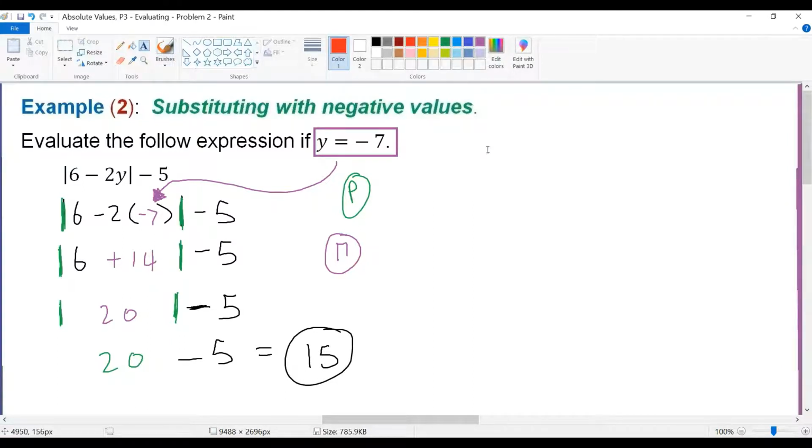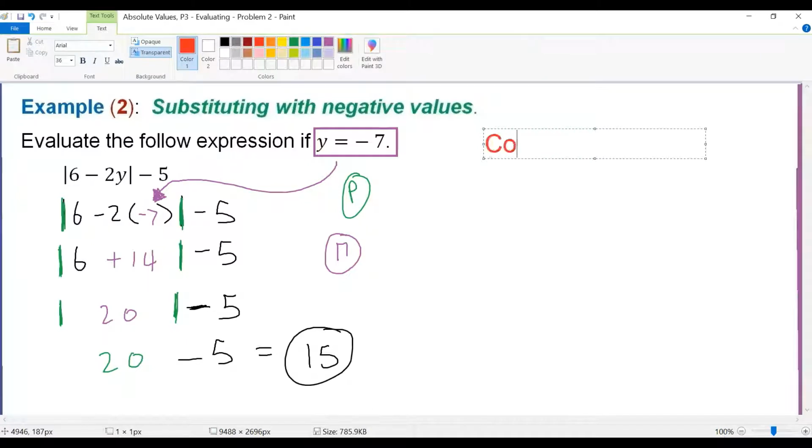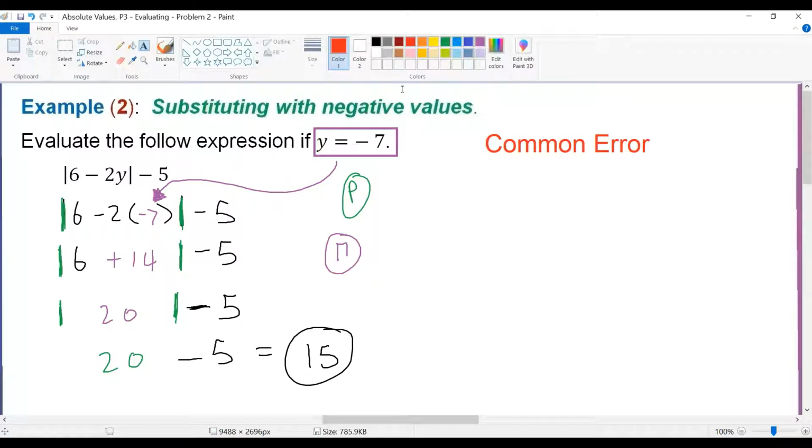What we do want to note, though, are some common errors when evaluating with negative numbers. Here in the very first step, we want to be very careful with the thing inside the absolute value.